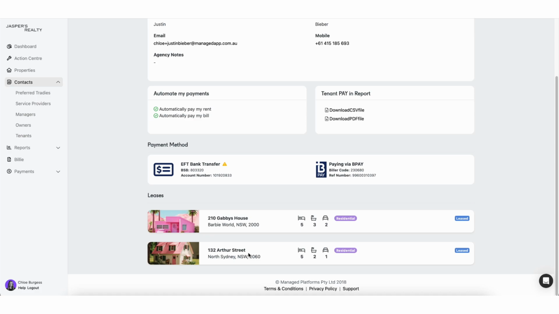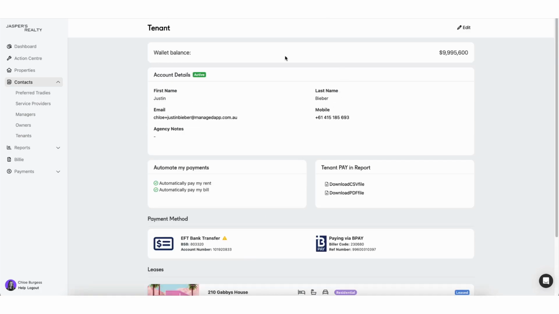They didn't realize they had that water bill due, but they knew they had the rent for Gabby's house. So they just pay the rent for Gabby's house, which is due on Friday. That money is going to be taken and paid toward the bill due on the Wednesday for Arthur Street.